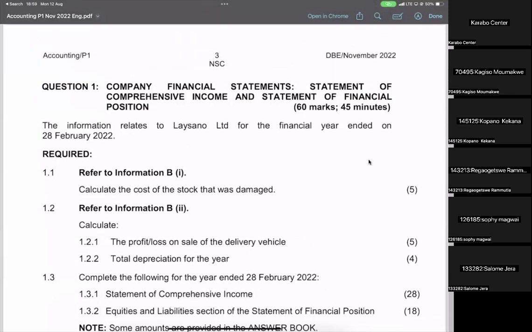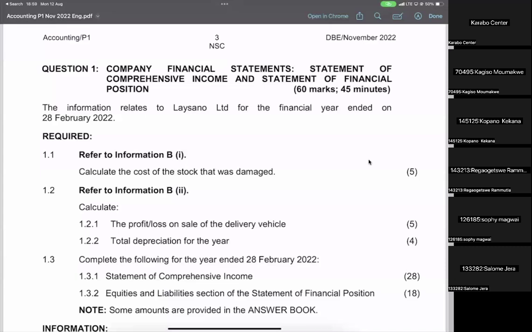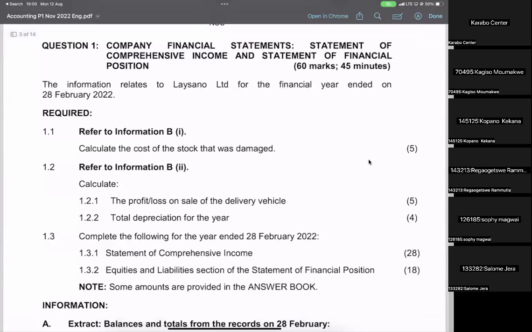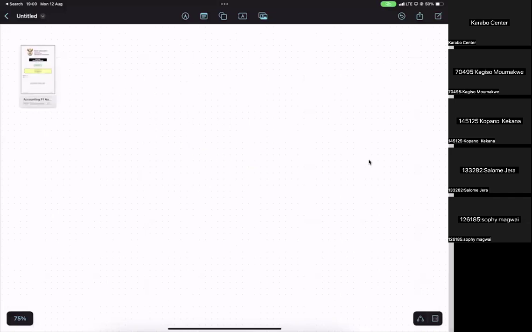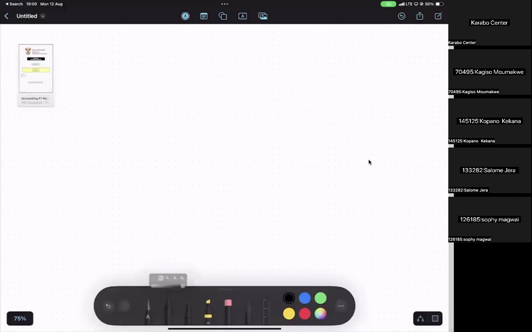We'll start with the company financial statements, the statement of comprehensive income and the statement of financial position. The question says the information relates to Lyson Ltd for the financial year ended 28 February 2022. As accounting students, as soon as you see your year end, you must write down when it started.